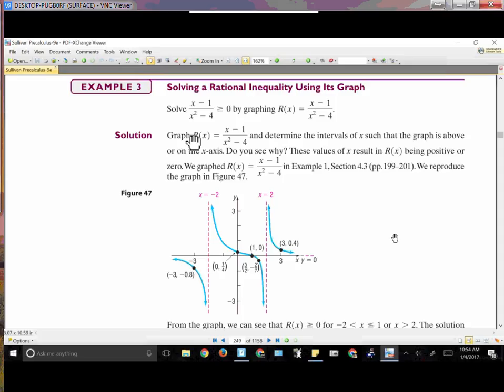Do I really worry this time about asymptotes? Not really. Because they're either going to be above or they're going to be below, when I'm talking horizontal and the oblique ones, mind you. The zeros are going to be the ones we have to worry about.